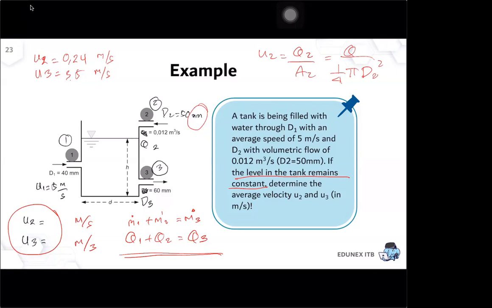Is it 0.3, sir, for U2? 0.3 should be 4 times. If you did not put a quarter, then it should be 4 times the previous.